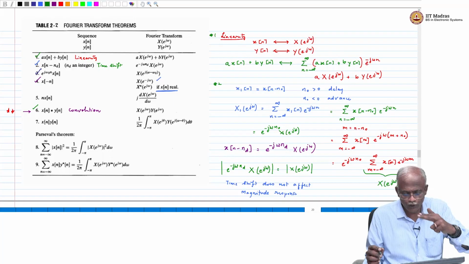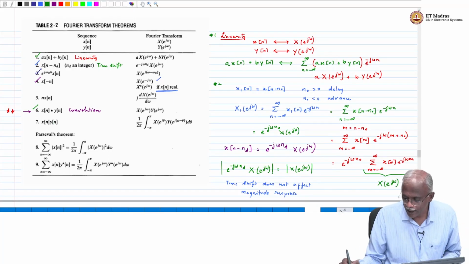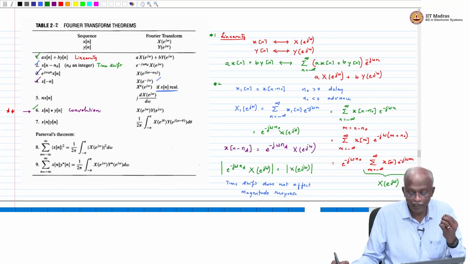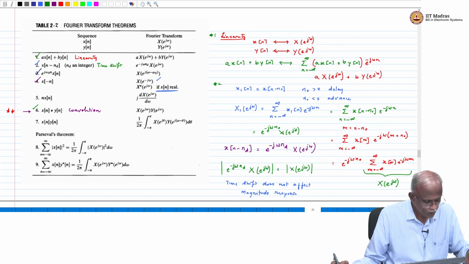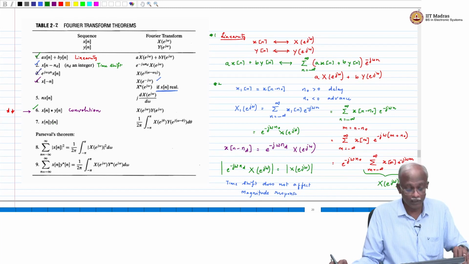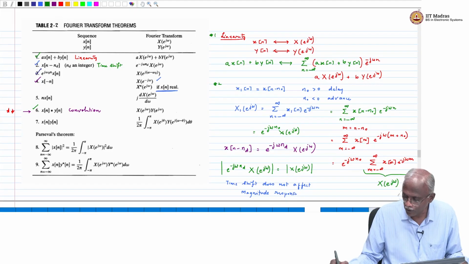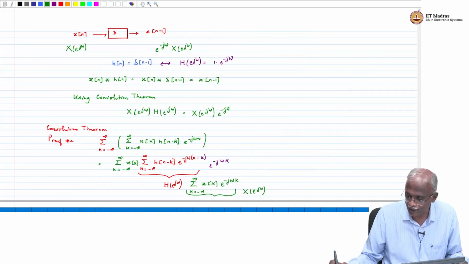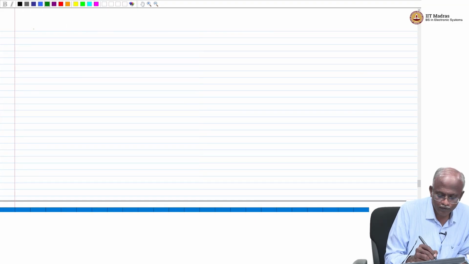But before we get to this multiplication property, let me introduce a very powerful result called Parseval's theorem. This is something that you would have studied in signals and systems. This is there even for continuous time signals, but let us look at the corresponding result that we have for discrete time signals. So, Parseval's theorem.